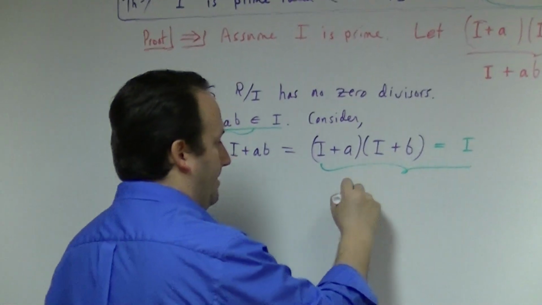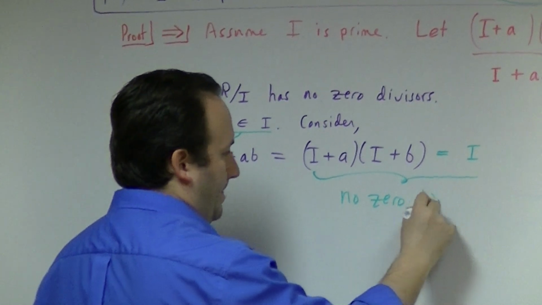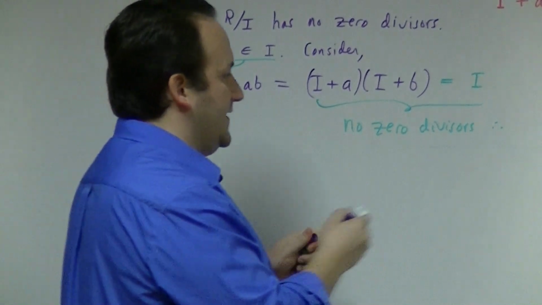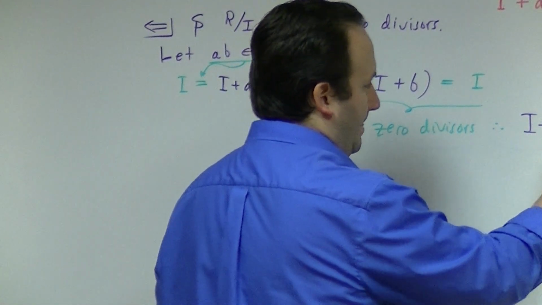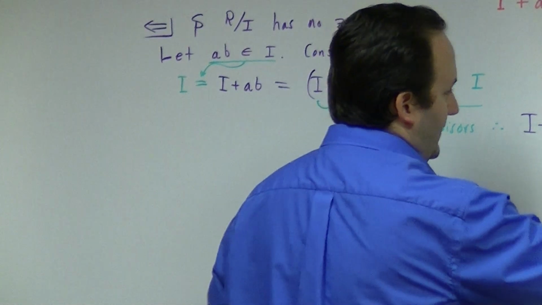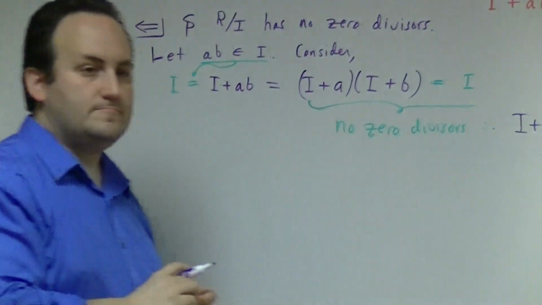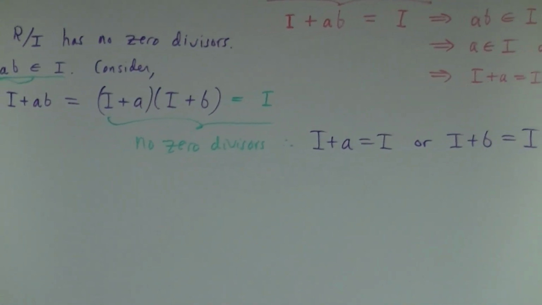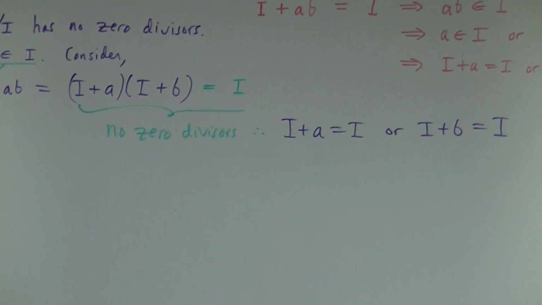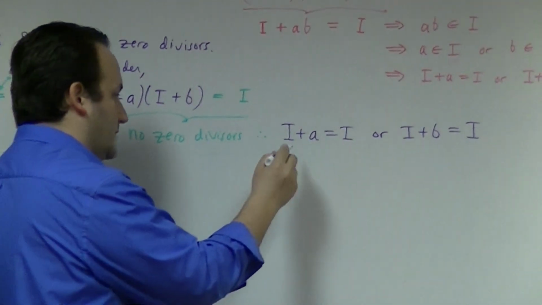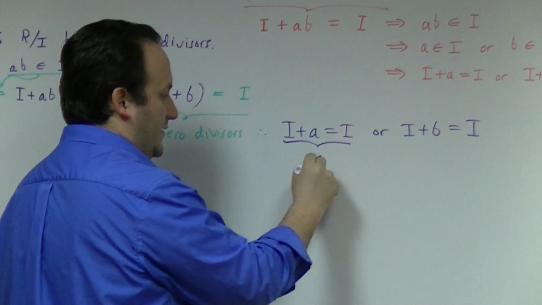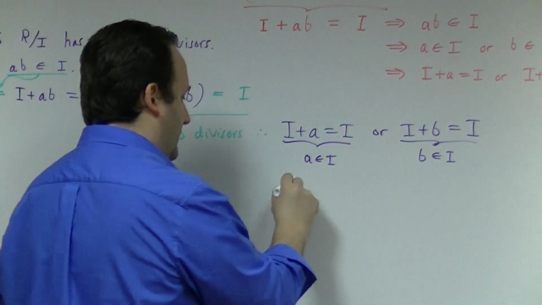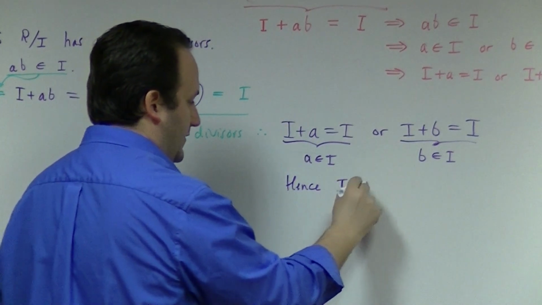Therefore I plus A is equal to I, or I plus B is equal to I. But what does that say about A and B? This would say that A is an element of I, and this would say that B is an element of I. Hence, I is a prime ideal.